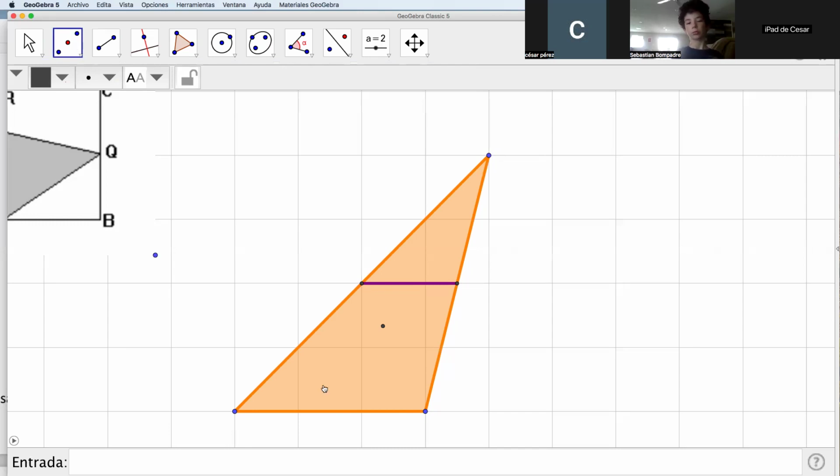Okay. If we take the other midpoint, and we draw this, it will be parallel to this line, and will be 1/2, because this triangle is equal to this triangle. And if we draw this, it will be parallel to this one. Okay, do you understand this idea? So let's see.